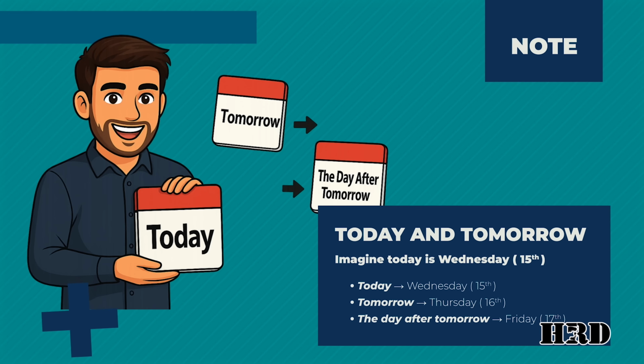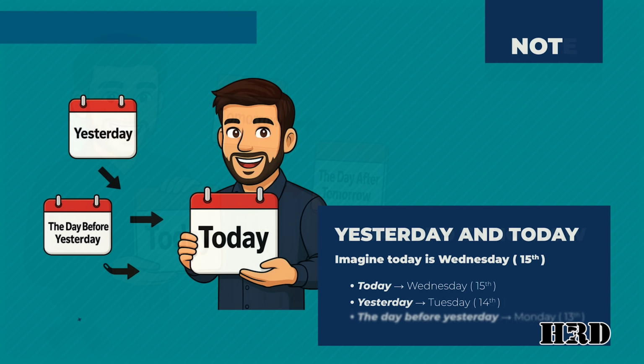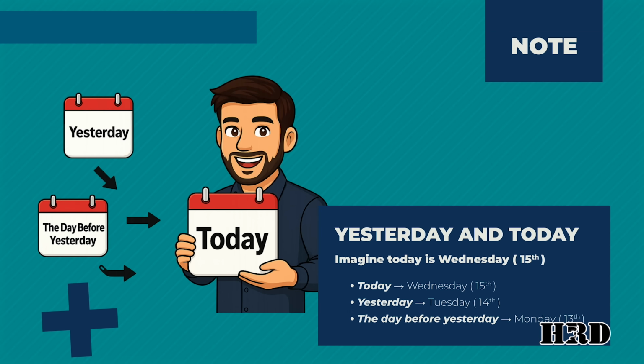Imagine today is Wednesday. Tomorrow is Thursday. The day after tomorrow is Friday. Yesterday was Tuesday. The day before yesterday was Monday.